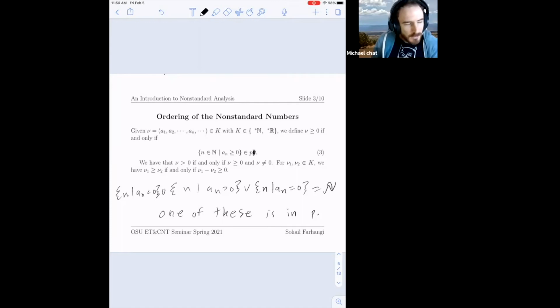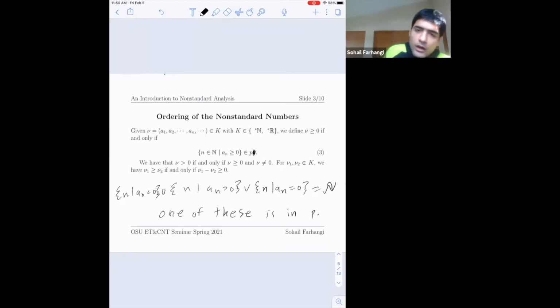So is this ordering, I forget the word, anti-reflexive or whatever, where if x is greater than or equal to y and y is greater than or equal to x, then x is equal to y. Do you have that? Yes.